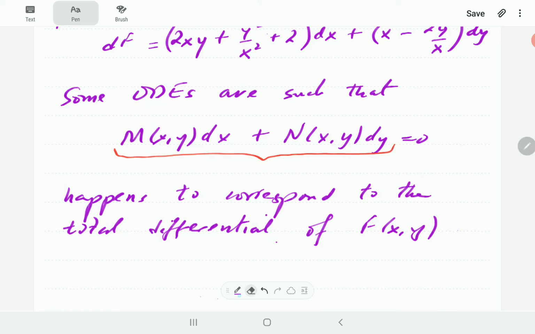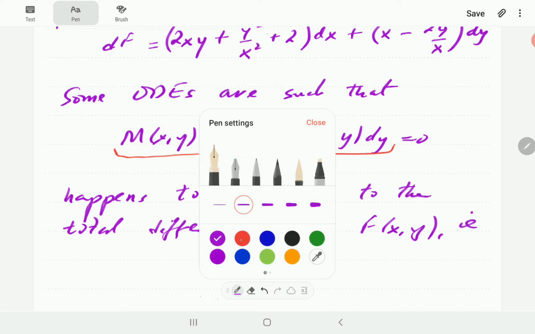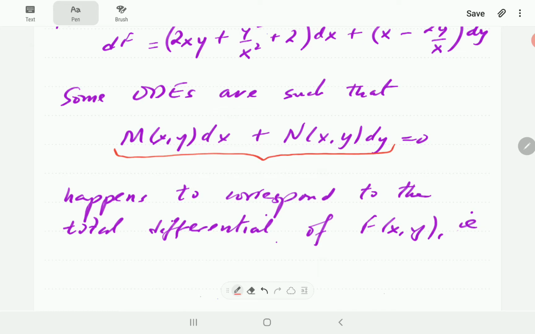What do we mean by this corresponds to some total differential? Well, basically we mean that this left hand side corresponds to df, which is the total differential.